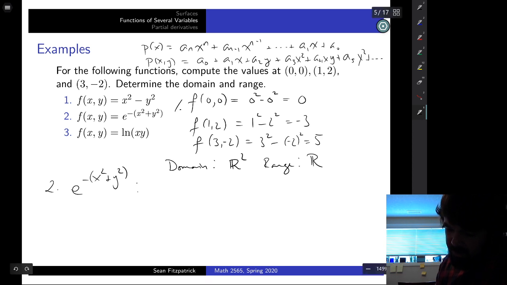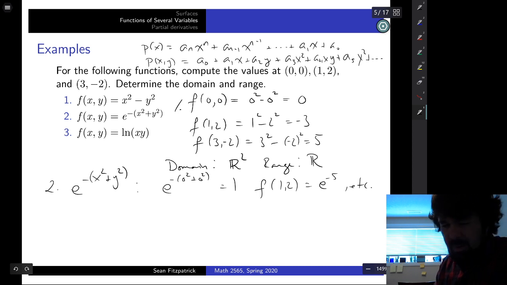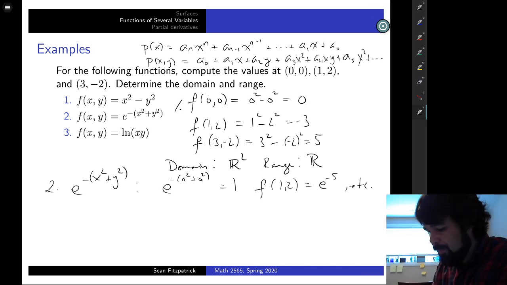So for this one, well, again, we can plug in numbers, right? Like e to the 0 squared plus 0 squared is just 1. If I wanted to do, what is f of, say, 1, 2, that's going to be e to the minus 5, etc. I'm not going to plug in too many of them. It's kind of boring.